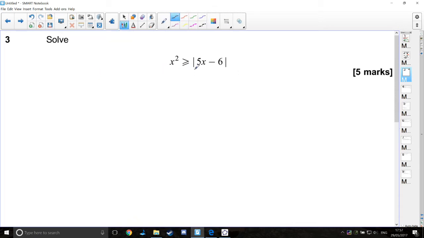So with your graphing calculator, go to graph, and the first equation, y1, should be equal to x squared, and the second one, y2, equal to abs, because that gives you your mods, and just some brackets around this, 5x minus 6, like that.